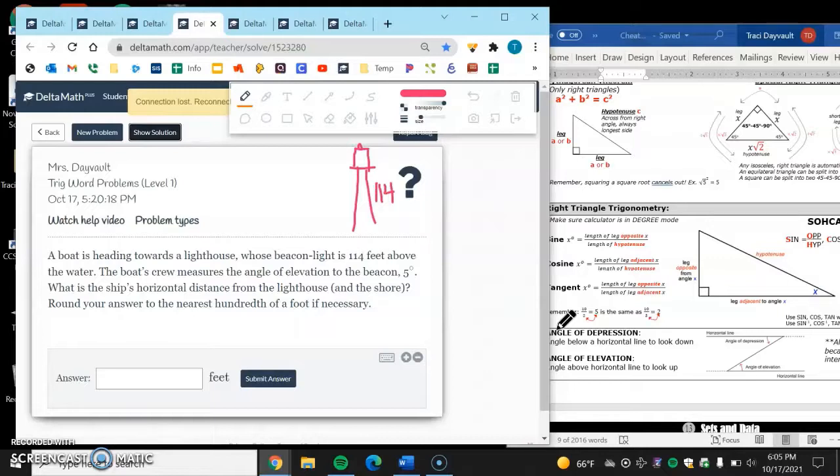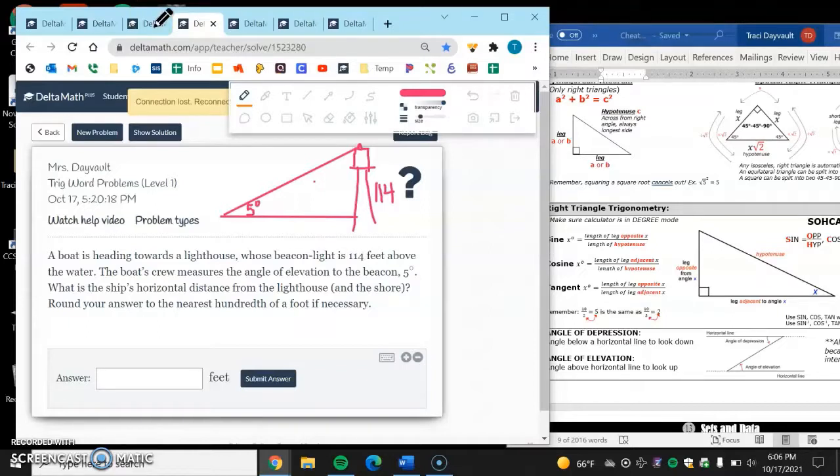The boat's crew measures the angle of elevation. So this boat is down here in the water, and we're looking at the angle of elevation to the beacon light. Okay, so we've got the water here, and then I've got the angle of elevation, which is only 5 degrees. That's a very small angle, I would say.